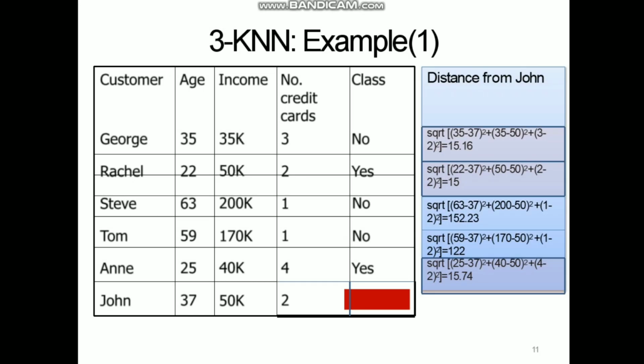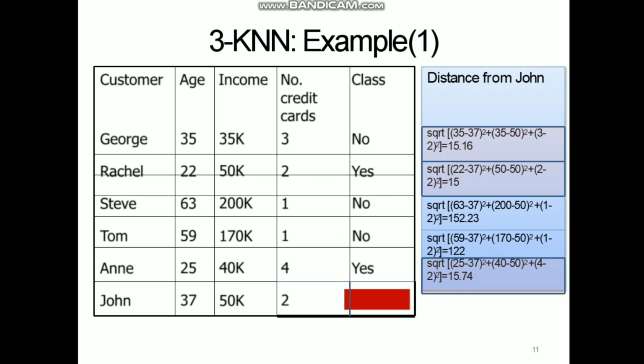Here we have one table having 5 columns and 6 rows. With the help of that, we will find the nearest neighbor. From John, we will find the nearest distance to each of the rows of data.